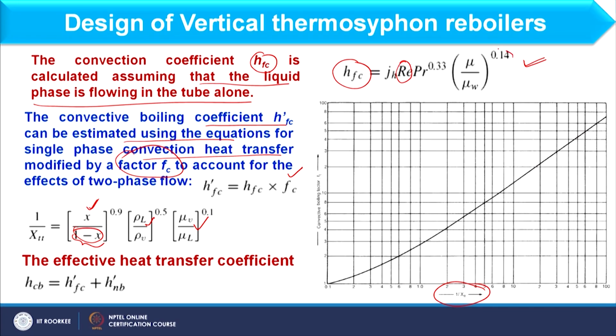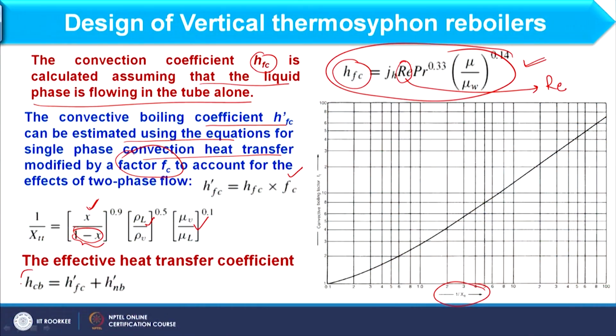So, we will use this expression as it is, with the change that this Reynolds number corresponds to the complete feed, not 1 minus x, as we have considered in h_FC dash. Okay. So, this Reynolds number will change and you can find the h_FC value at the inlet of the reboiler.